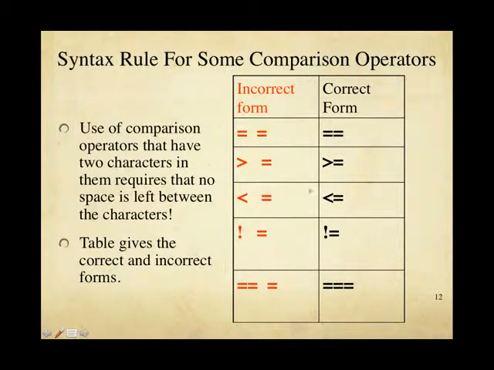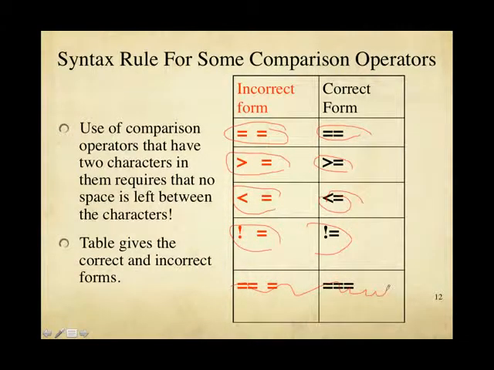So this is the incorrect form of equal, this is the correct form, the incorrect form of greater than or equal, the correct form, the incorrect form of less than or equal, the correct form, the incorrect form of not equal, the correct form. And this is JavaScript, so we're not going to worry about that.